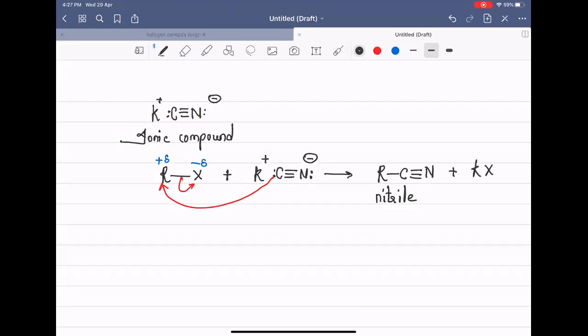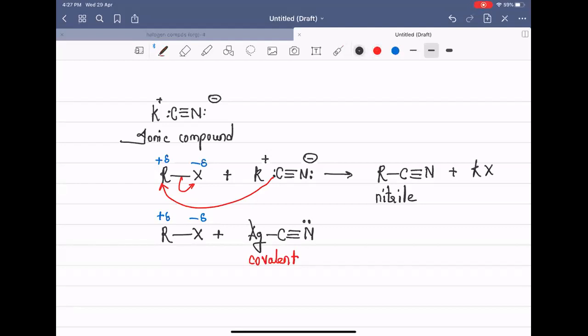plus KX. However, if you take RX with AgCN, things are slightly different. AgCN is covalent, and so you do not have CN separated.